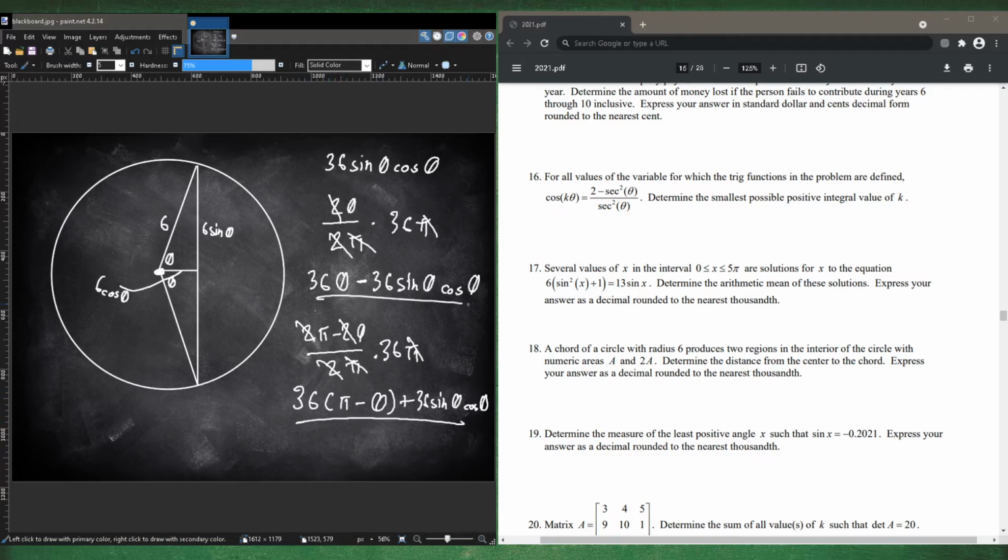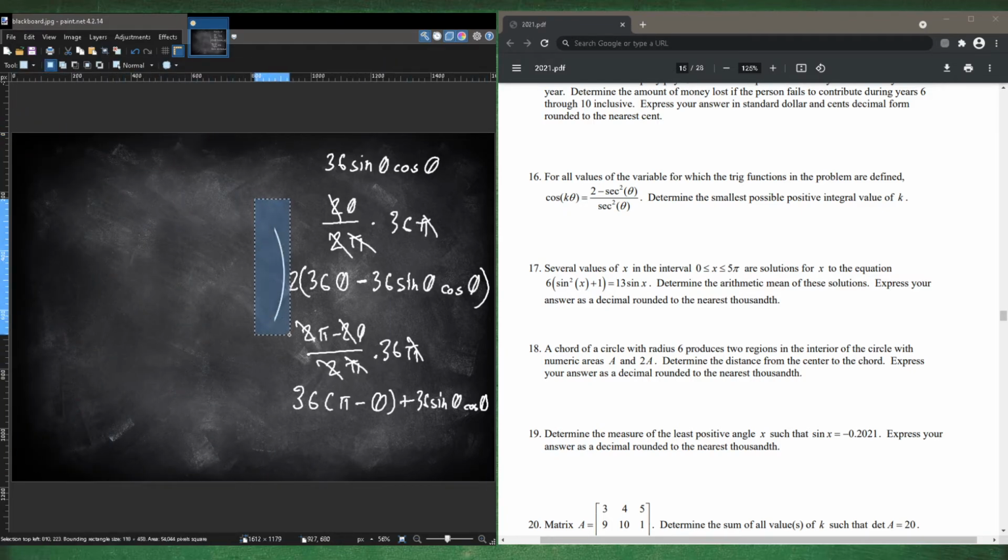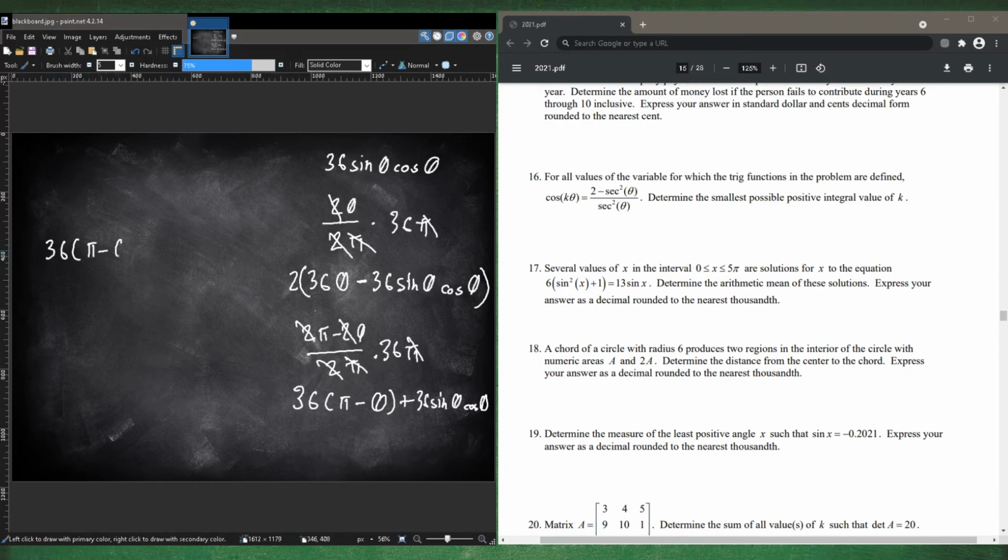Now this is 2A and this is A, so to make them equal each other, all you have to do is multiply the A amount by 2, and then you can set them equal to each other. So let's just delete this so we get a little bit more room. So basically, we have 36 pi minus 36 theta plus 36 sine theta cosine theta minus 2 times 36 theta minus 36 sine theta cosine theta.